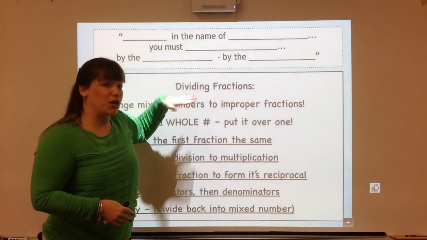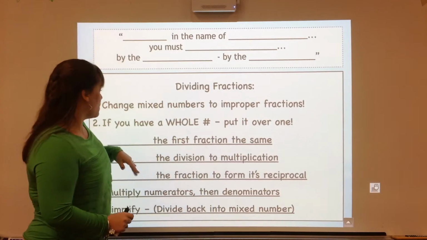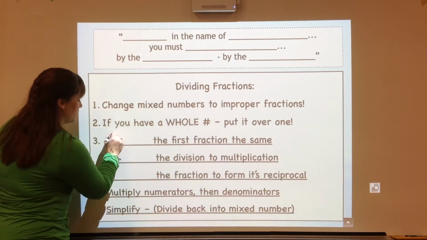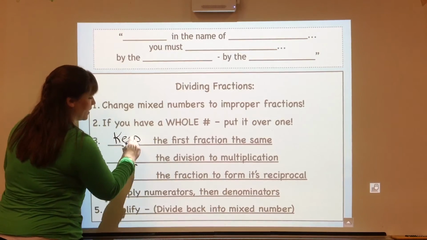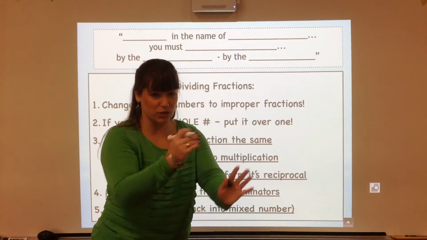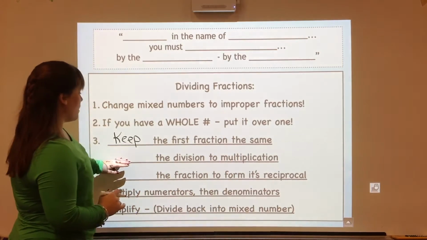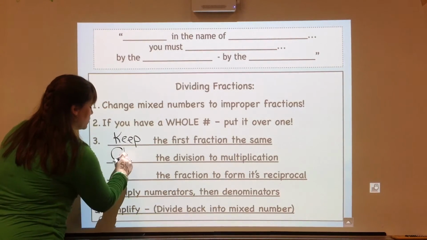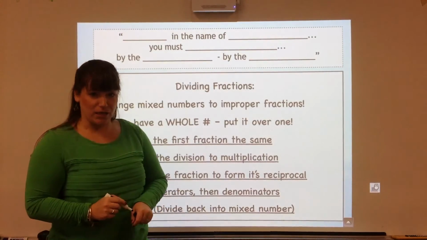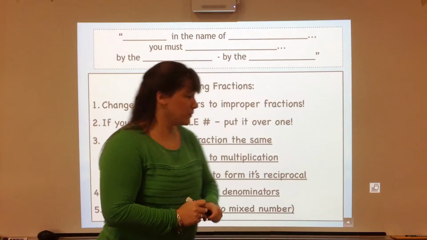That's not new. Now, this is the thing that I want you to remember for the steps on what to do after you've changed whatever you need to change, whether whole number or improper. You want to keep the first fraction, which is the dividend, the same. Don't do anything, you just write it. Then you're going to change the division sign to a multiplication sign.